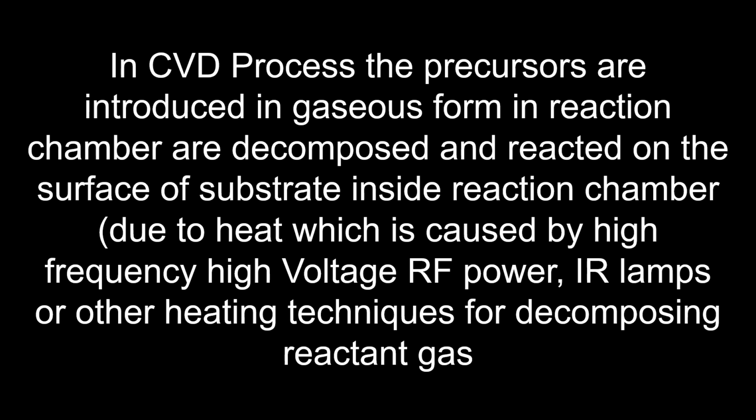So, dear student, usually conventional CVD uses different types of heaters, which may be based on filaments or on IR lamps, but you can also use different types of radio frequency power sources, which basically convert the reactant into a plasma, which is then chemically reacted on the surface of the substrate and converted into the desired thin films.